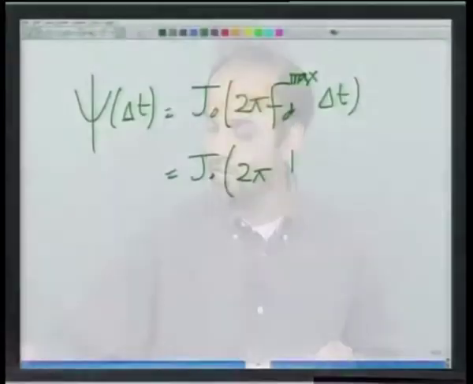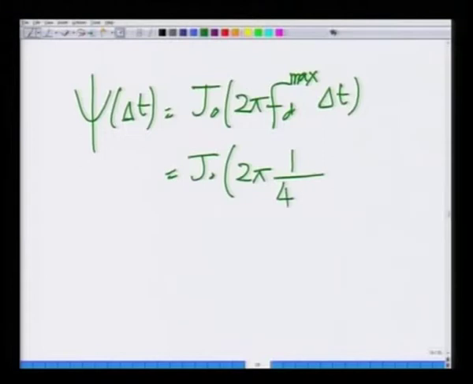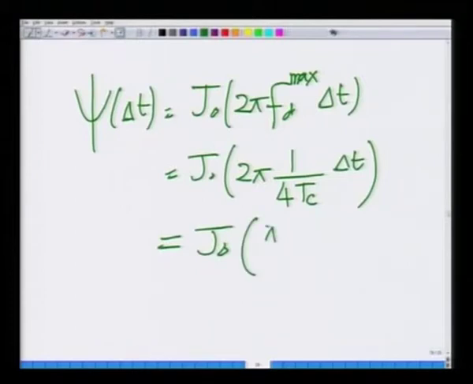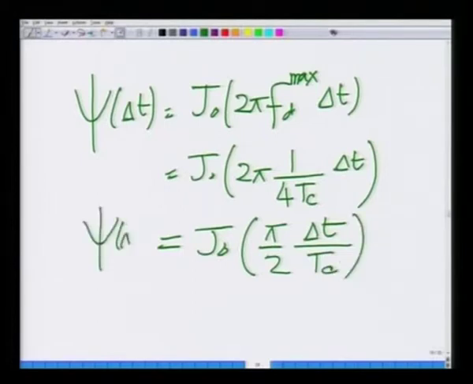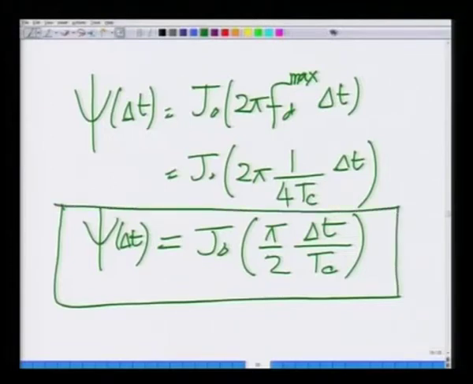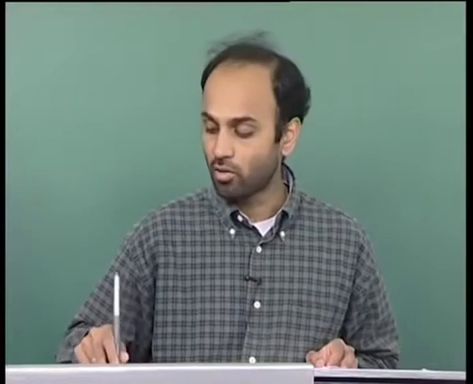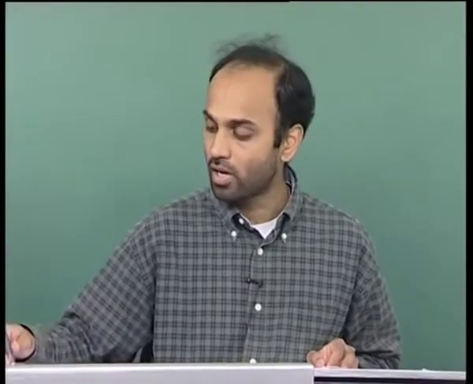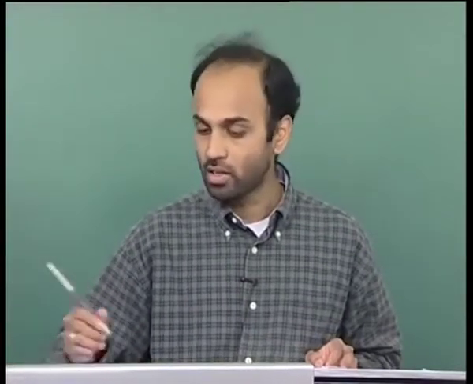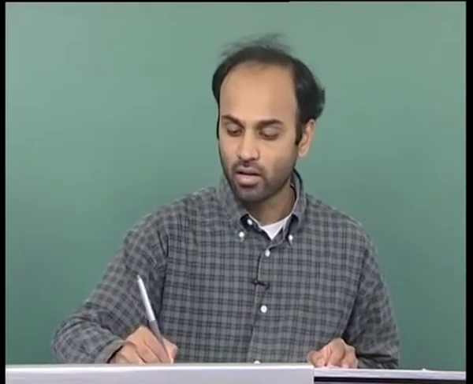So, f d max I will write as 1 over 4 T c. I can also write this as J0 pi over 2 delta t over T c. Alright, so this correlation function can also be expressed as J0 pi over 2 delta t over T c, that is the correlation of the channel delta t away.